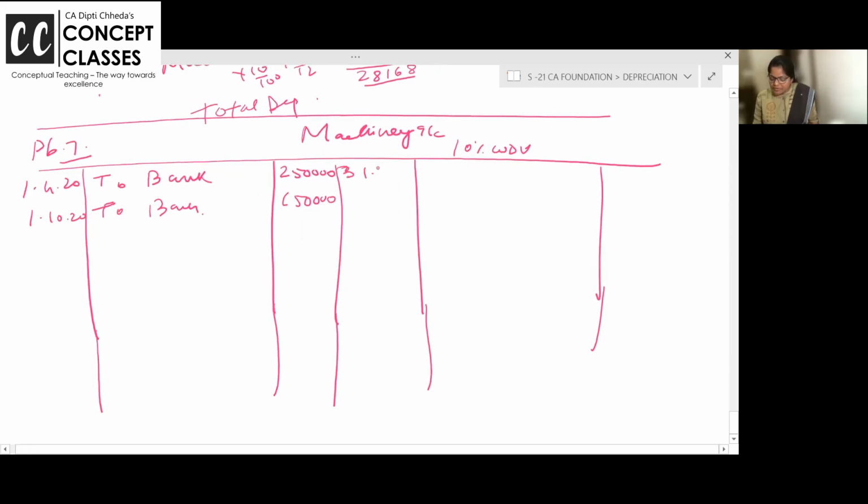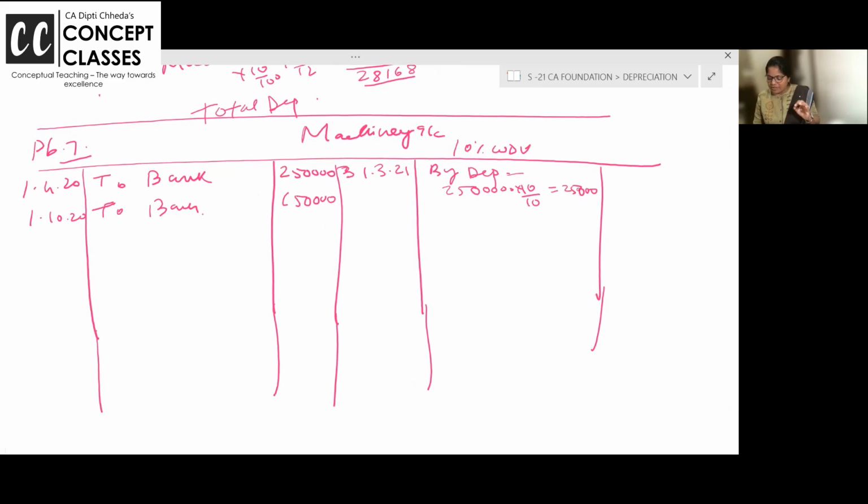Now on 31st March 21, by depreciation. On 2,50,000, 10% depreciation, that is 25,000. Are you all able to write from the screen?